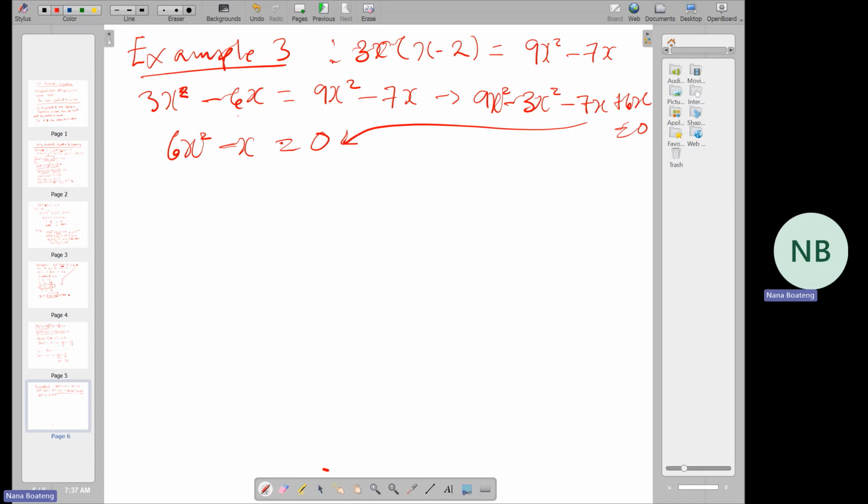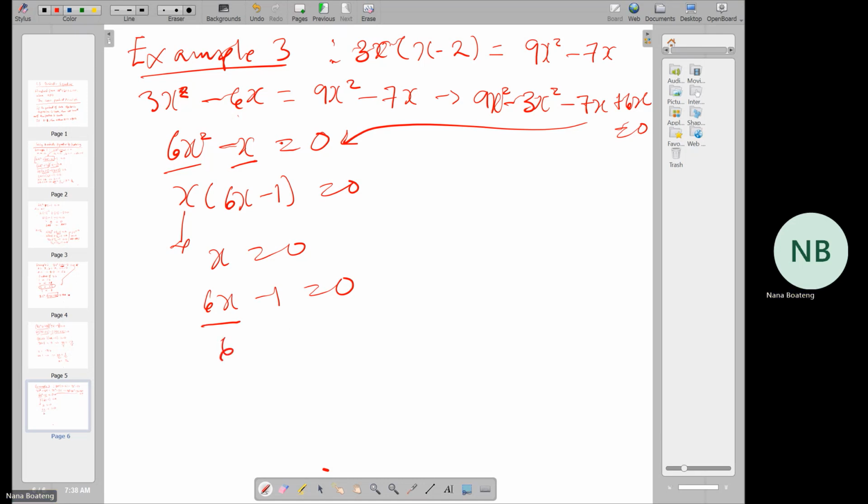Here we can see that x is common to x and 6x squared. If we factor x out, then we have x times 6x minus 1 is equal to 0. So this means x is equal to 0, and 6x minus 1 is also equal to 0. First, let me add 1 on both sides before I divide.